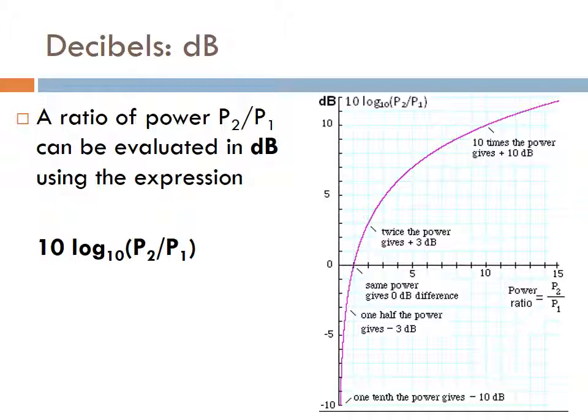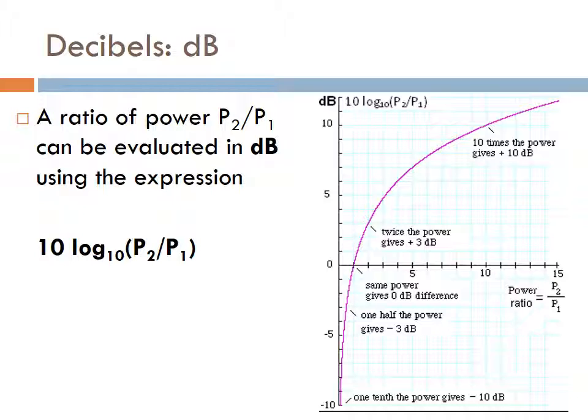When we have a negative value of decibel, this means that the power ratio is less than 1. We have attenuation of power, which is due to transmission. When we have 0 decibel, it means the power ratio is equal to 1. When the power in decibel is positive, this means the power ratio is greater than 1.